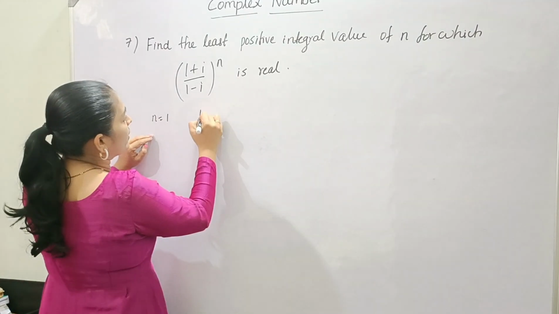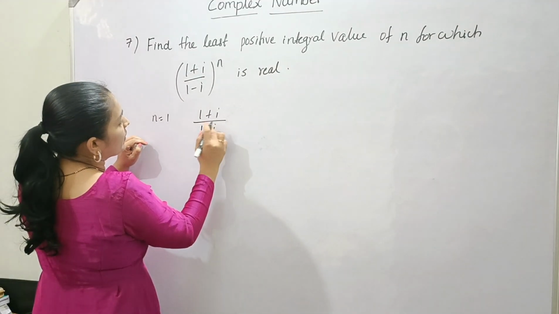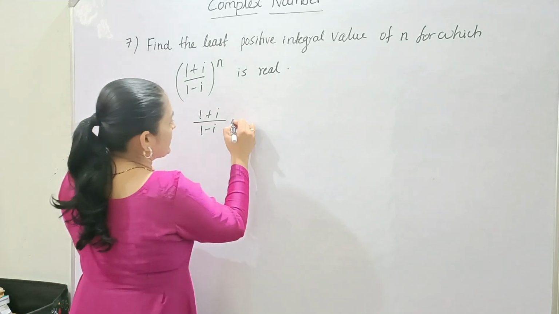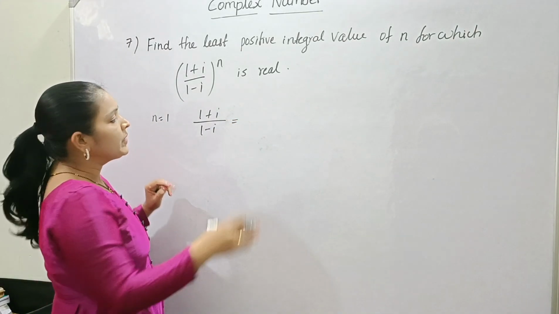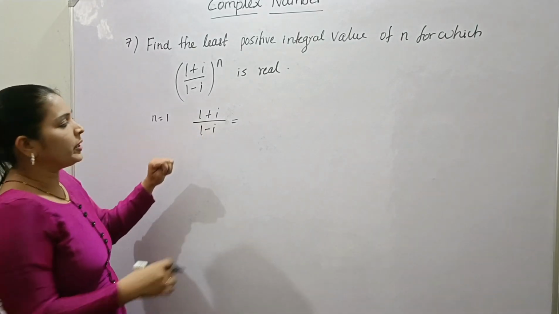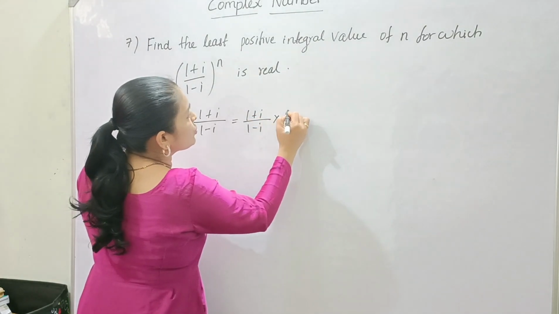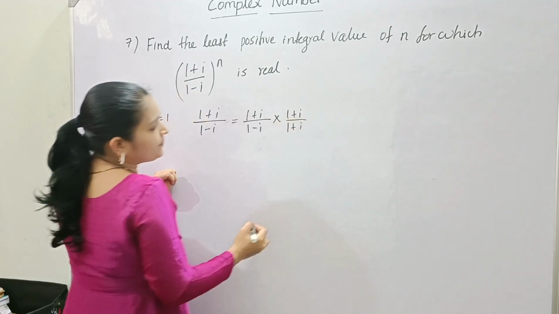If n is equal to 1, we have 1 plus i divided by 1 minus i, right? The given complex number is 1 plus i divided by 1 minus i. Simplify and make it in the form of a plus ib by multiplying and dividing by the conjugate of the denominator, that is 1 plus i divided by 1 minus i into 1 plus i divided by its conjugate 1 plus i.